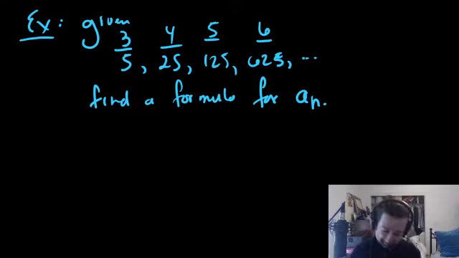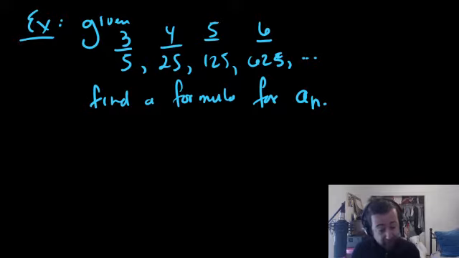I like these. They can be rather challenging. So the basic game, when you see a problem like this, is a pattern recognition game. And part of the reason that this is hard is because there's no specific technique that I can tell you to do. You have to look at this and try to figure out what the pattern is.